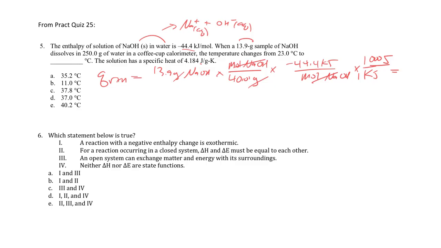So then 13.9 divided by 40.01 times negative 44.4 times 1,000. So I get negative 15,425 joules.